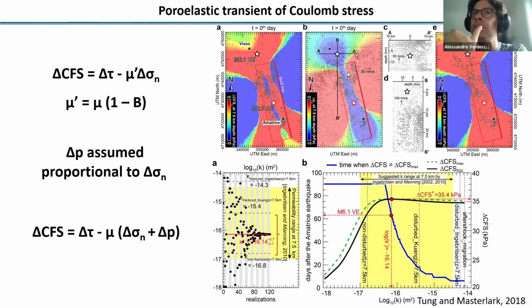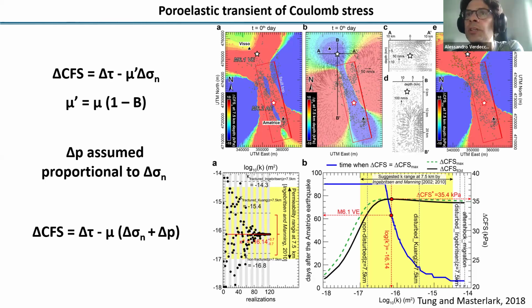Then to the right, what they did is to calculate the pore pressure changes due to the Amatrice earthquake. And they noticed that in the location of the Visso earthquake, there was a decrease in pore pressure, while in the surroundings, there was an increase in pore pressure.